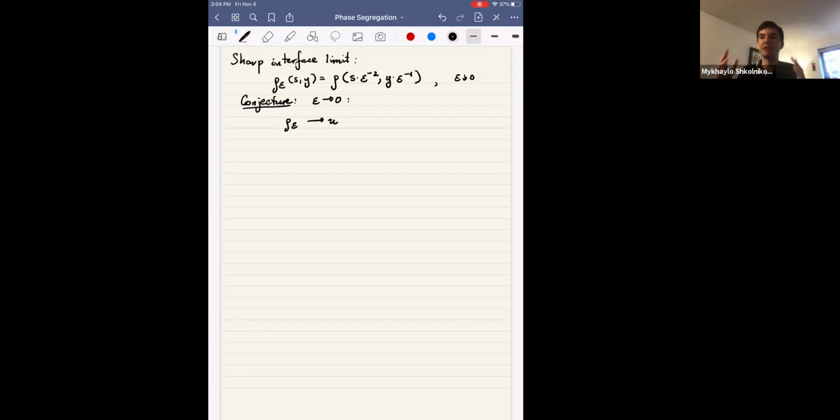If you're interested in the physics of it, think of U as an approximation of rho epsilon. So think of this statement as saying that you can approximate rho epsilon by U for small epsilon. What this means in terms of an actual physical process is that we're thinking of the layer separating oil and water as a thin film, right?